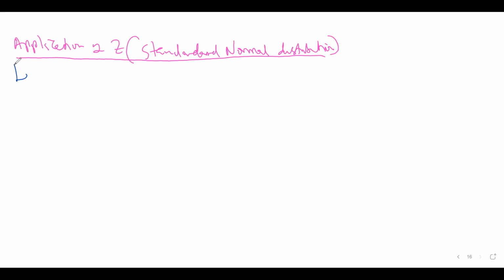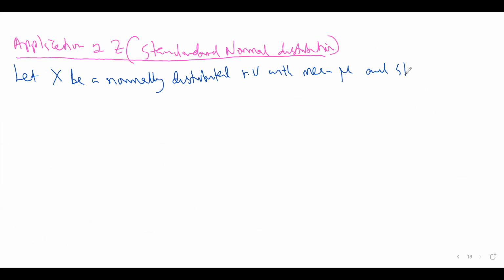So let's start by saying that let x be a normally distributed random variable with mean mu and standard deviation sigma.